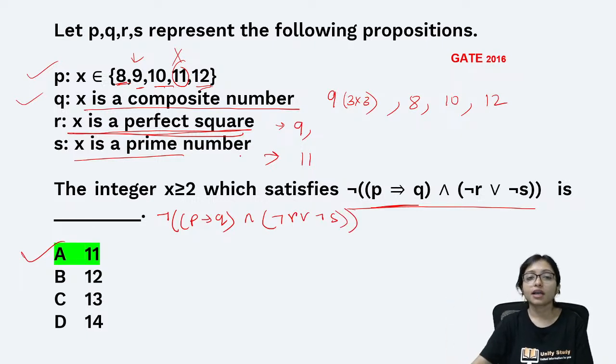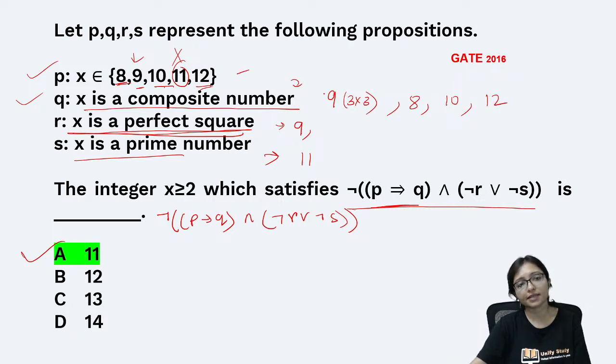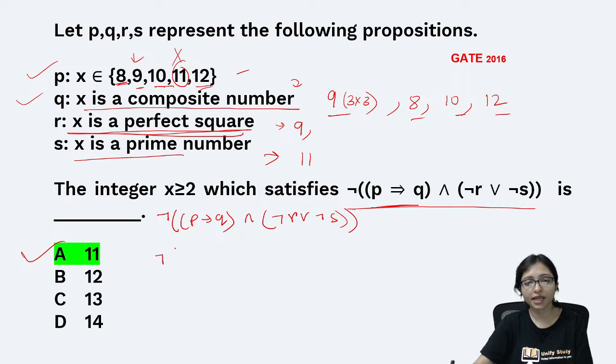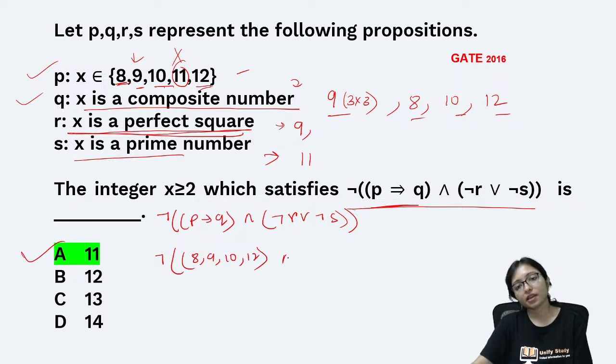So now see that P implies Q, where P and Q both are the same. You can see 9, 8, 10, 11, 10 and 12, they are the same here according to P implies Q. Means I can do here 8, 9, 10, 12. And not R or not S, and not R or not S.